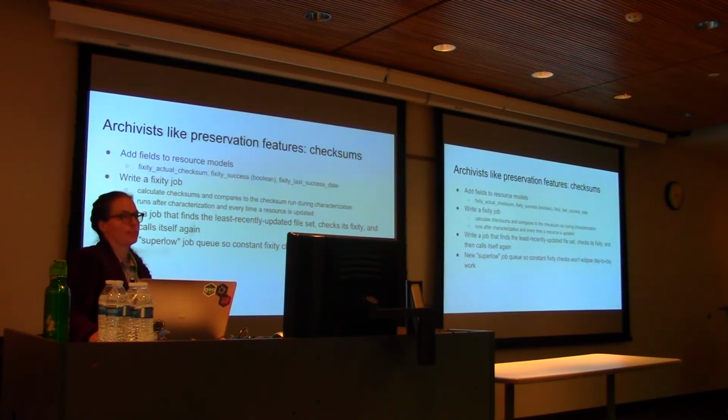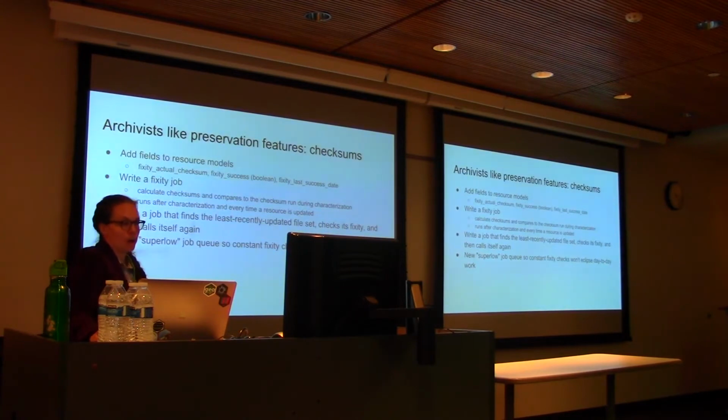So the first preservation feature that we tackled was consistent checksumming in Figgy. We added some fields to our resource models to keep track of what the checksums should be and when fixity had been run and whether it was successful or not.